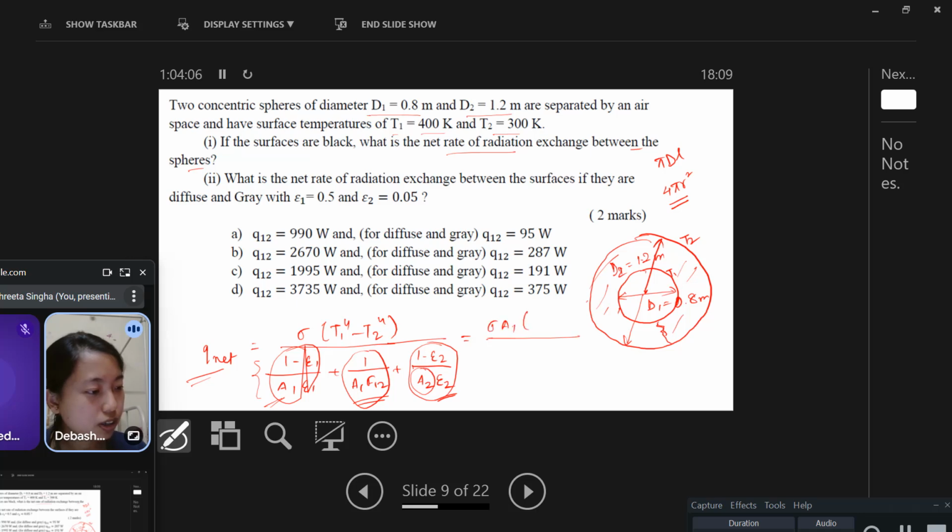So if you multiply A1 in both numerator and denominator, how much should we get? This F12 is 1 again because the outer surface can receive all the radiation emitted by the inner sphere. But the opposite is wrong, okay? The inner surface cannot get all the radiation from the outer.